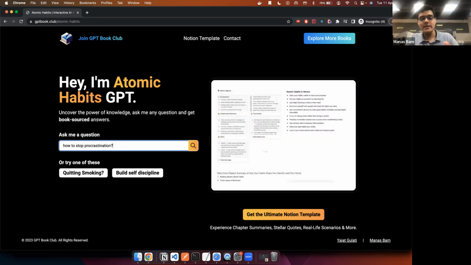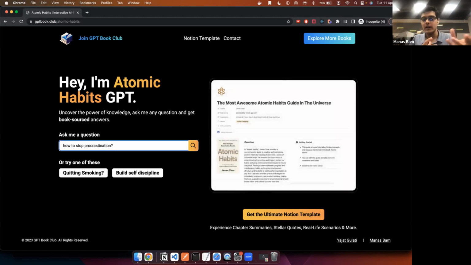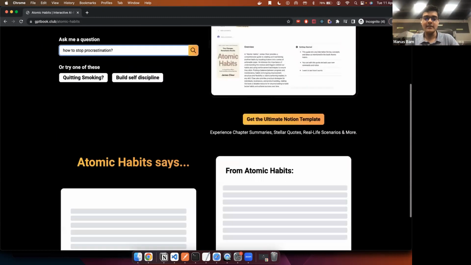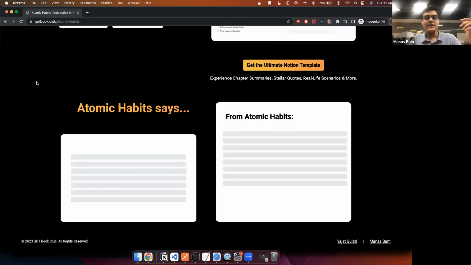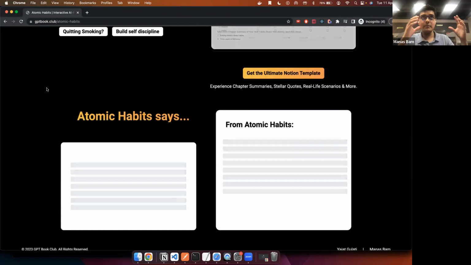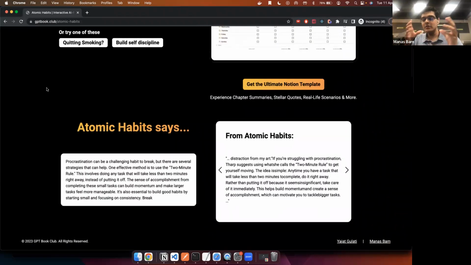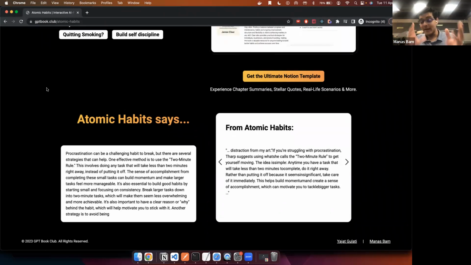When you ask a question like this to a book, essentially what you're trying to do is find the passages in the book that are similar to what your question is trying to ask. So if I press enter now, what's happening in the backend is it's converting my question into a vector, and then it's comparing my query vector with every other vector in the book, and it's trying to find the most related paragraphs.